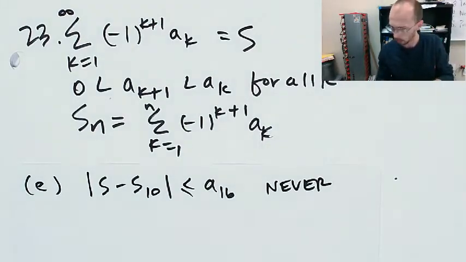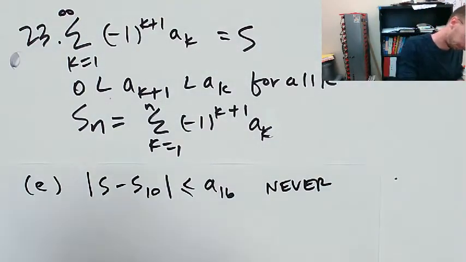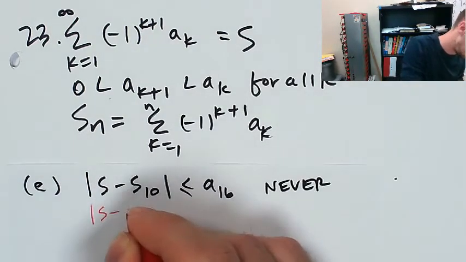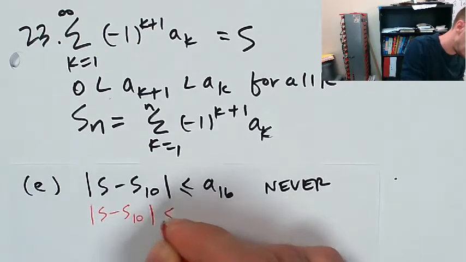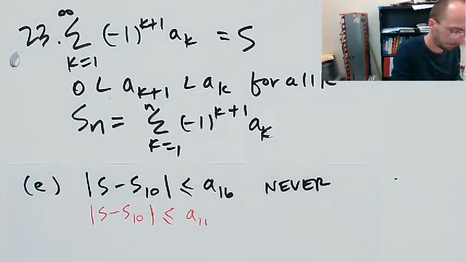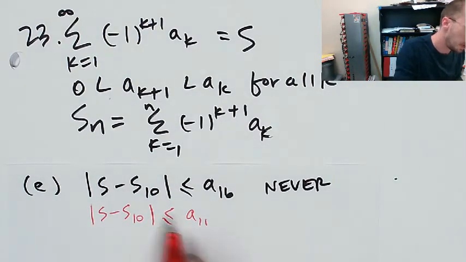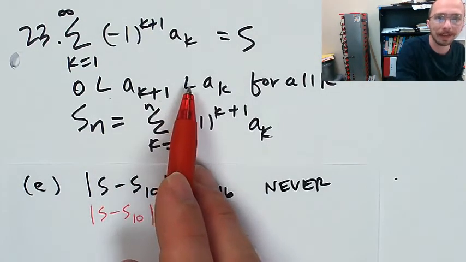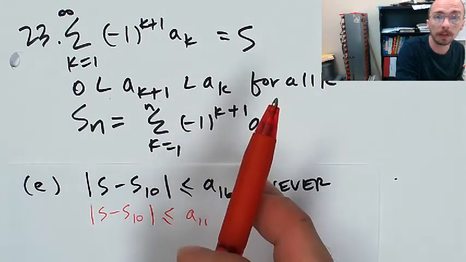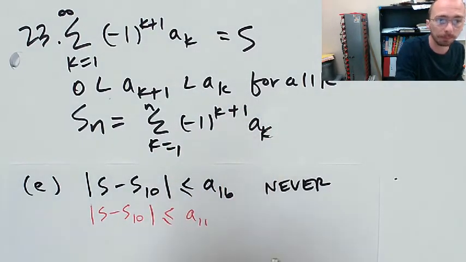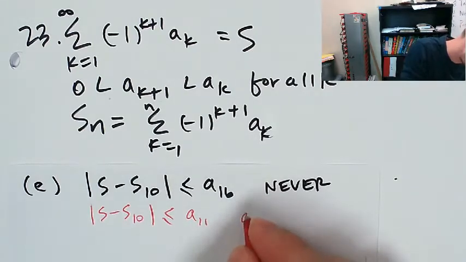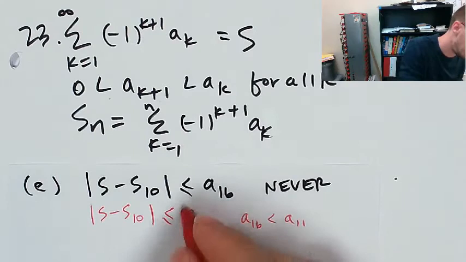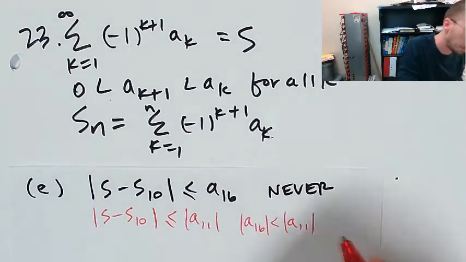I'll give you a bit more explanation on why. The alternating series error bound tells us that the absolute value of the difference between S and S10 is no more than A11. But I also know that A16 is less than A15, which is going to definitely be less than A11. Probably need to throw some absolute values around this.